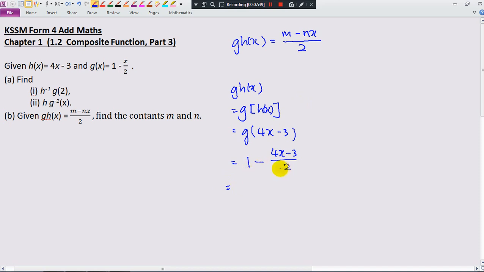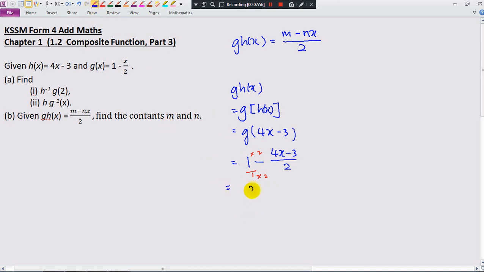So now they don't have a common denominator, right? The denominator here is actually 1. So I want to change the 1 to 2 first, then only I combine these two into a single fraction. So here I have to multiply 2, here I have to multiply 2.